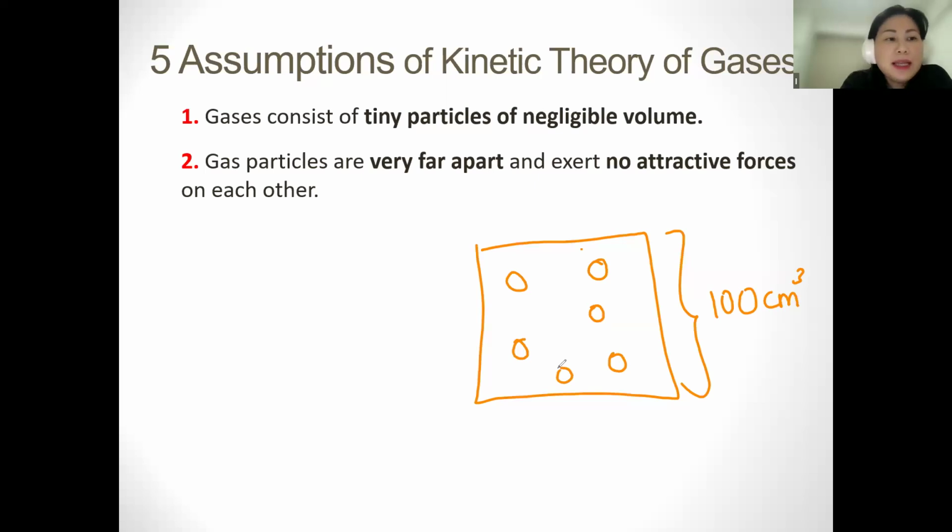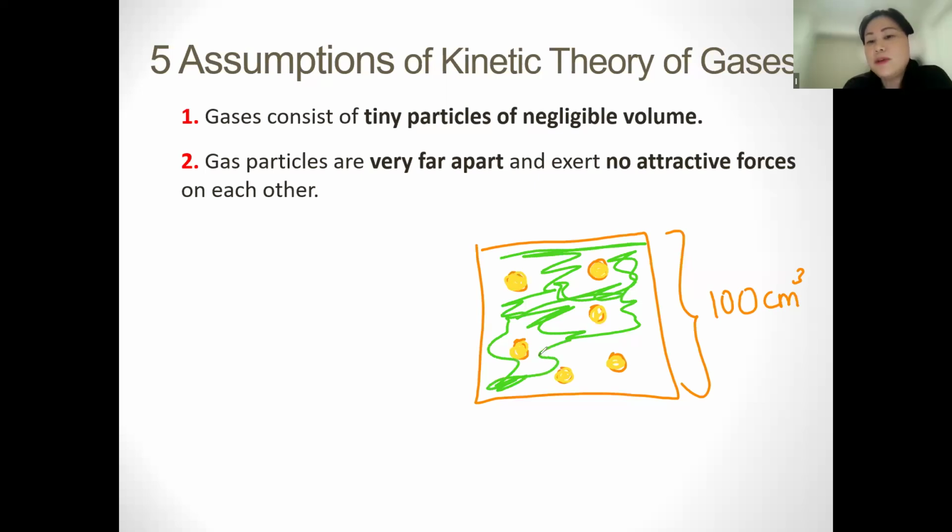But if you think about it, the actual volume that the gases are able to move around in is not 100 cm cubed, but 100 minus the volume occupied by these yellow balls of gases. So the actual volume that the gases can move around in the container is lesser than that, and it can be represented by all these green areas. The green areas are the actual areas that the gas particles can move to.